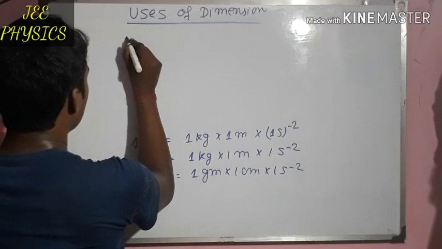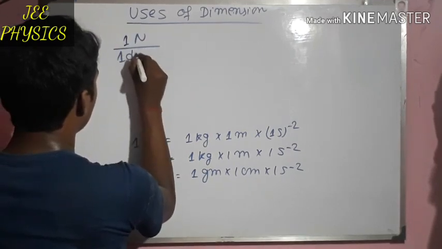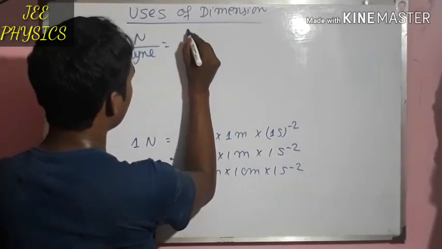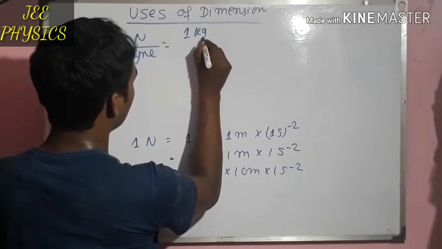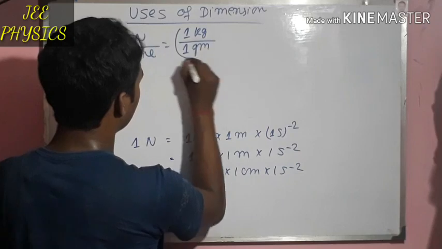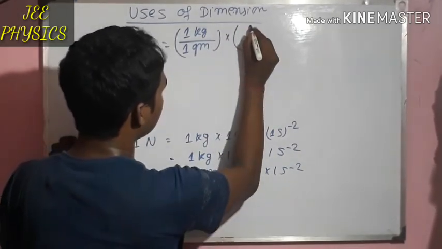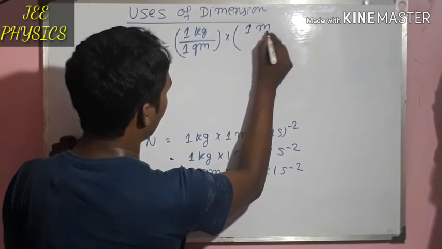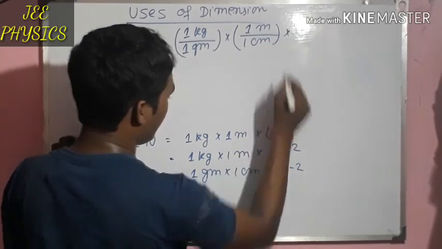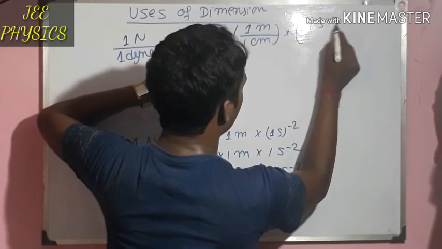So 1 Newton divided by 1 dyne is equal to 1 kg divided by 1 gram, into 1 meter divided by 1 centimeter, and 1 second to the power minus 2 divided by 1 second to the power minus 2.